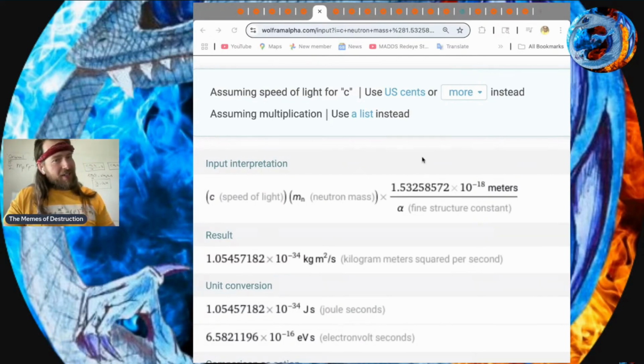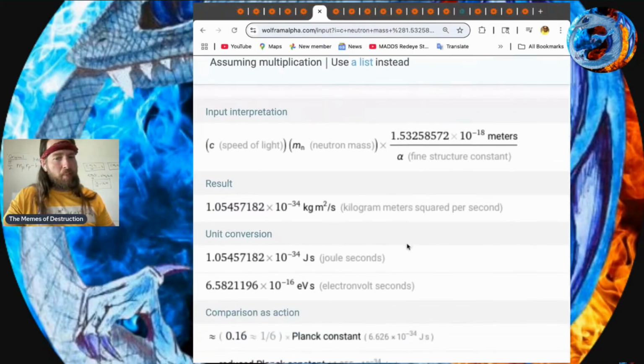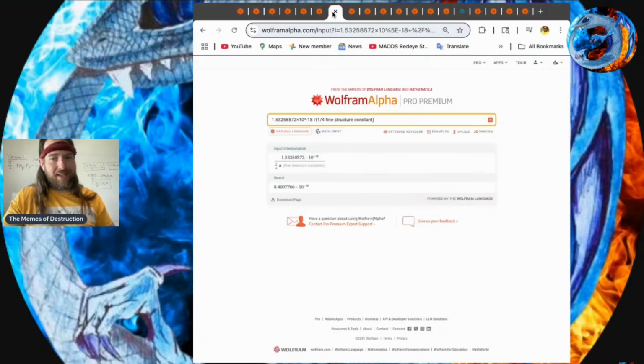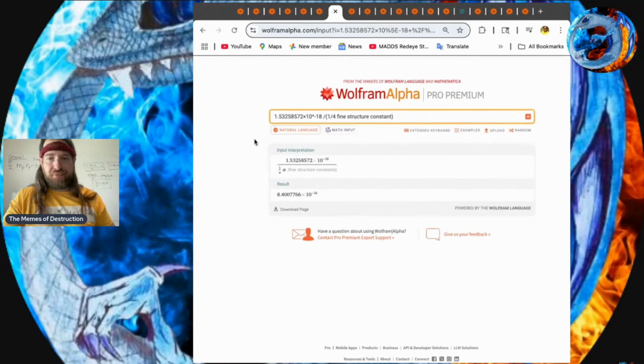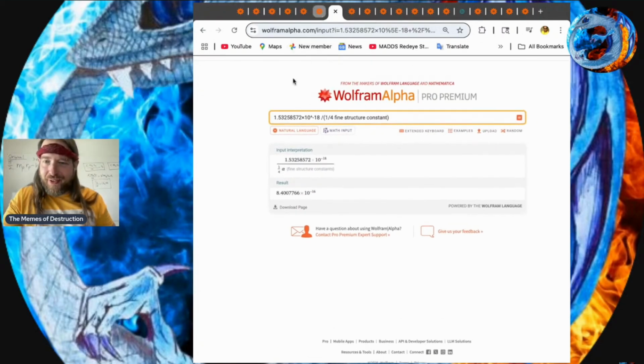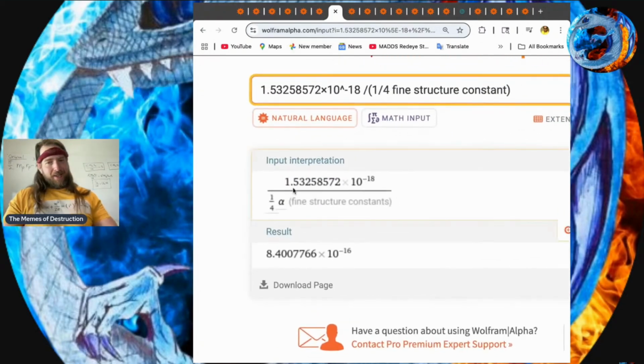Upon doing some of these calculations, especially, I think it was the radius of the proton, because that's the interesting thing, there's a way to go back and forth between this. Okay, so when you divide by 1/4 alpha for the proton and neutron, it does seem to give you the RMS, or the root mean square radius.